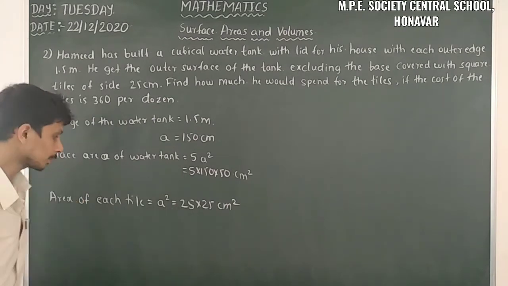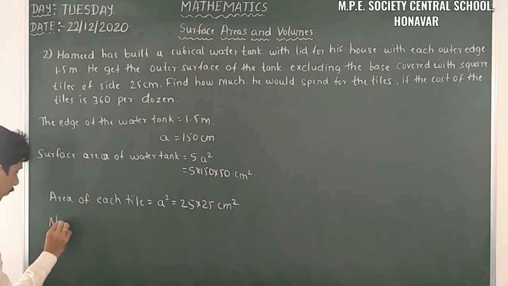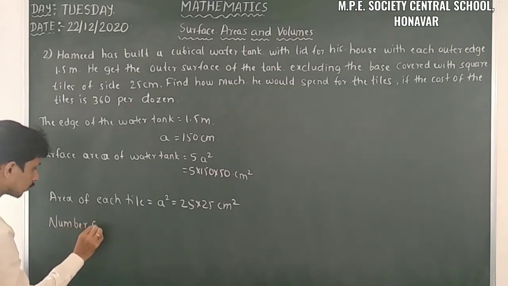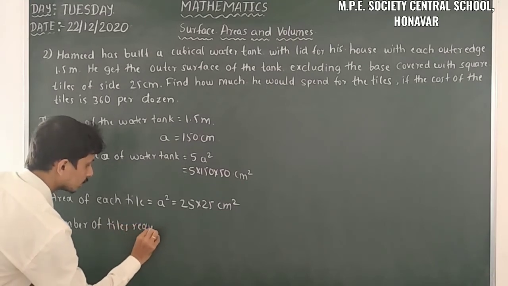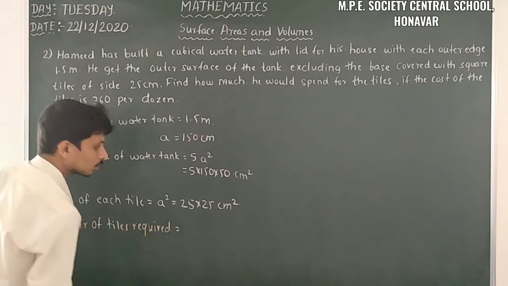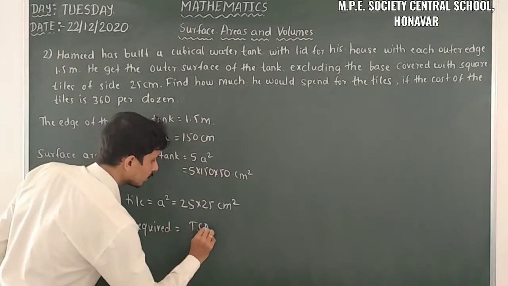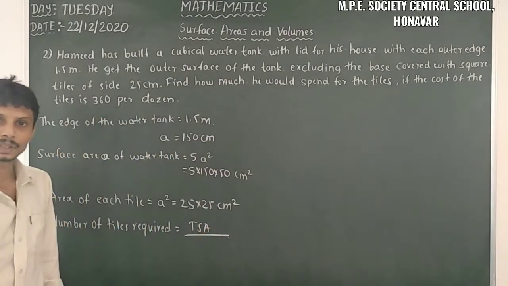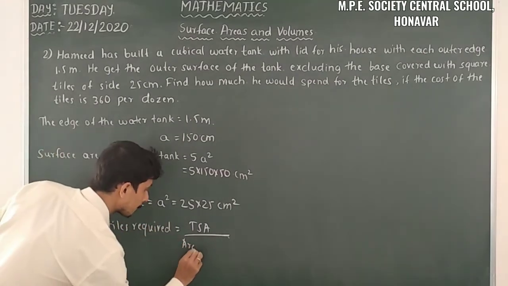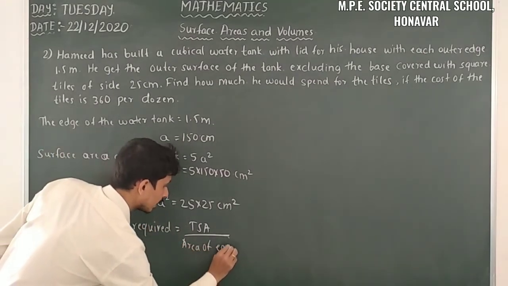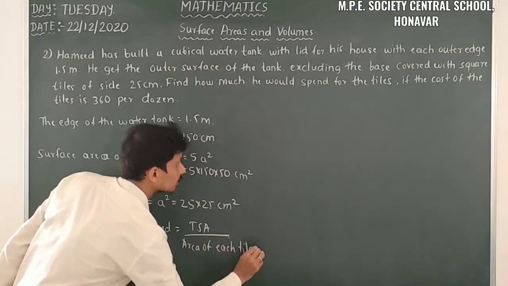That is, the number of tiles required is equal to the total surface area divided by the area of each tile.